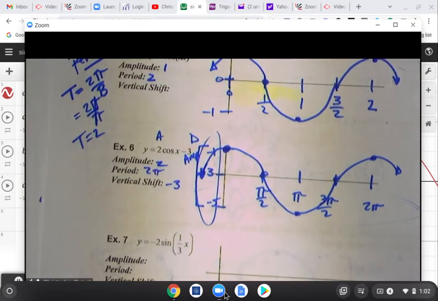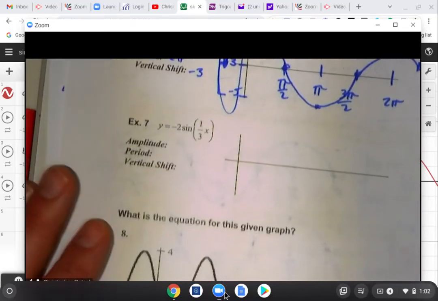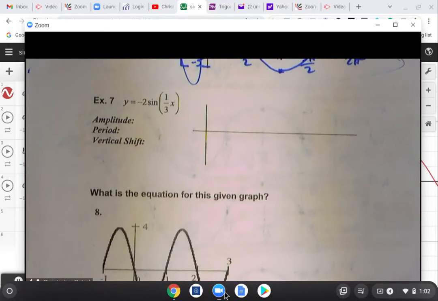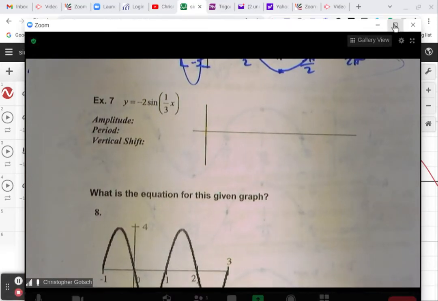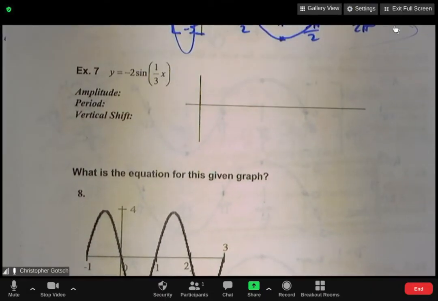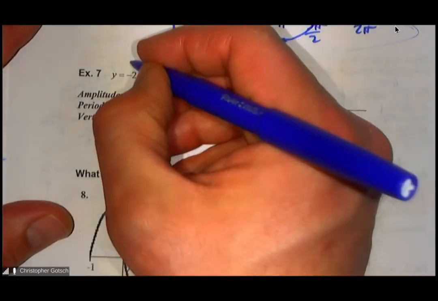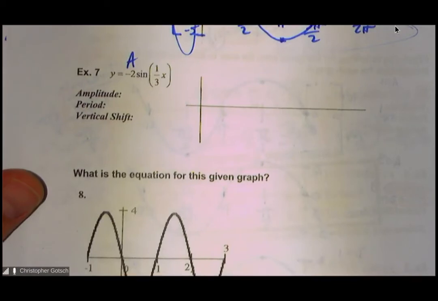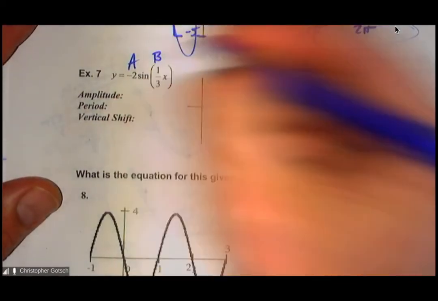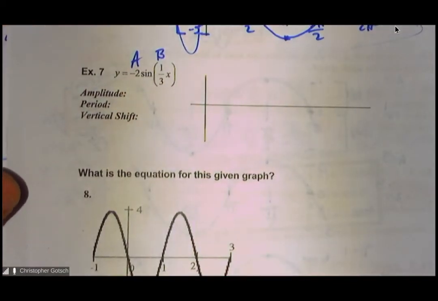All right, last one I want to graph, so thanks, Viv. Last one, I got number 7. I've got y equals negative 2 sine of 1/3 x. OMG. First things first, I got an a value, and I got that b value. Amplitude is technically always positive.